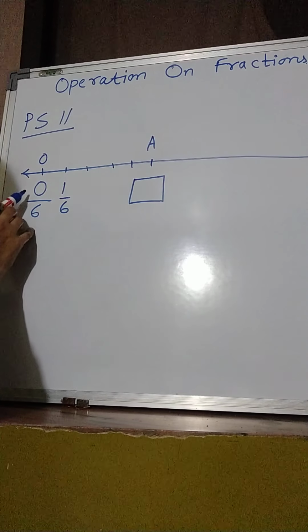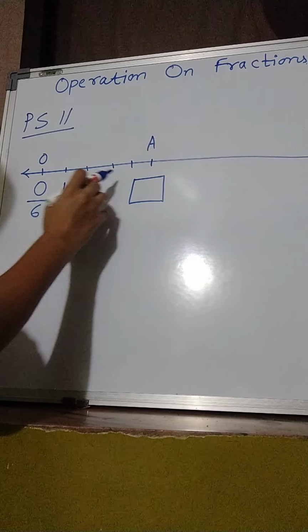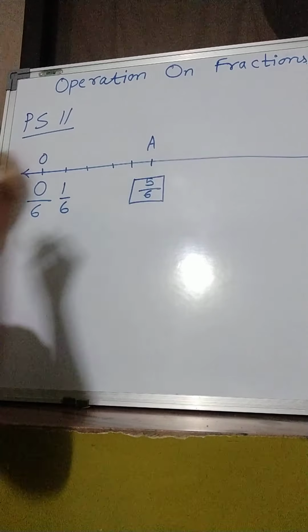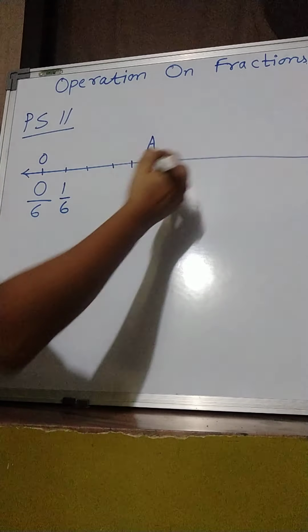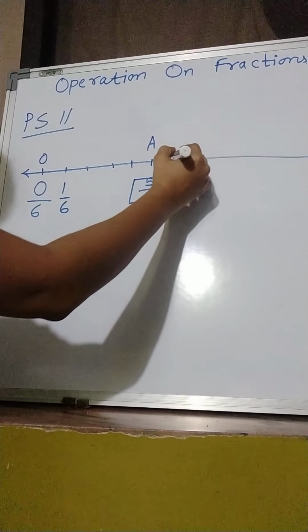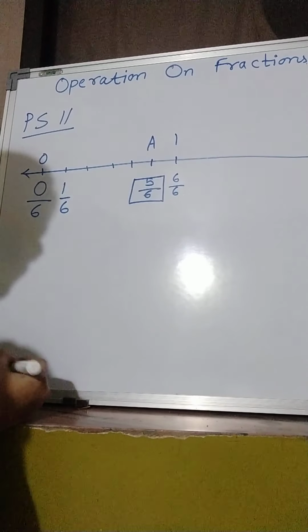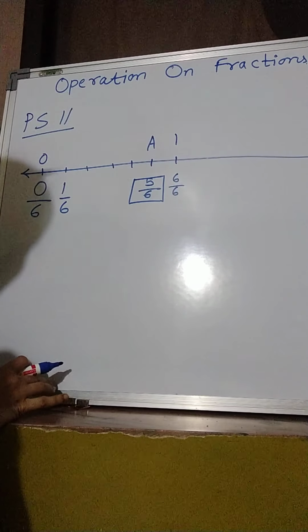Now see, here 0 is there. After 0 what number is coming? 1. Then 2, 3, 4. Write 5 upon 6. Understand? Next, 1 is there, which means 6 upon 6. As I told you, when denominator and numerator are the same, you write it as 1.